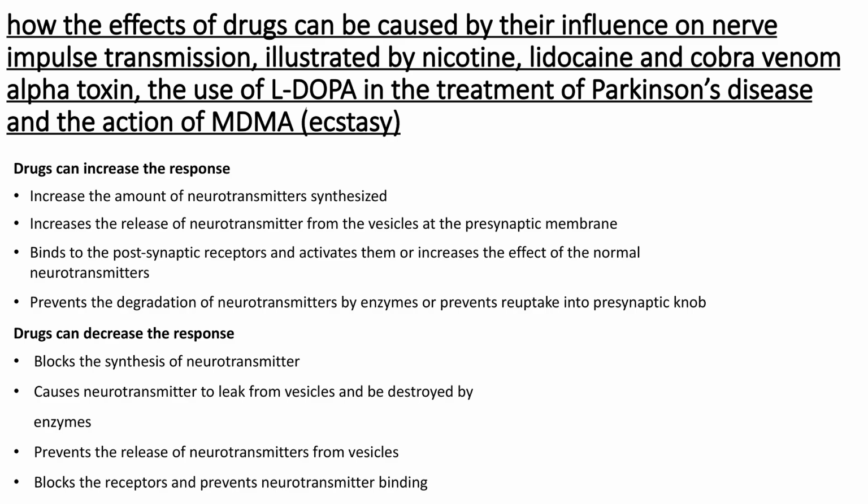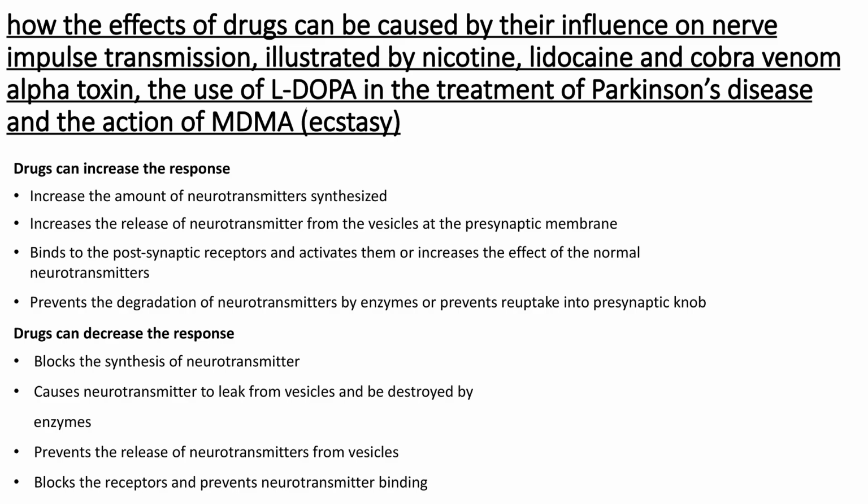When we talk about drugs increasing the response, we specifically say that drugs increase the amount of neurotransmitters being synthesized, increase the release of neurotransmitters from the vesicles of the presynaptic membrane, bind to the postsynaptic receptors and activate them, or increase the effect of the normal neurotransmitters.